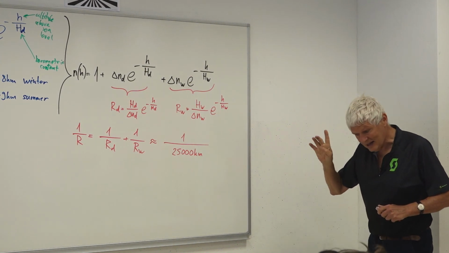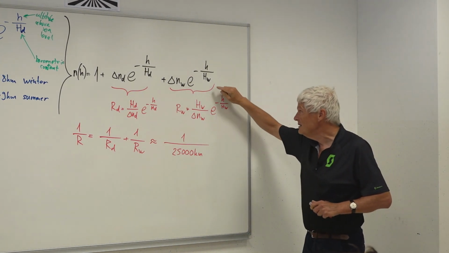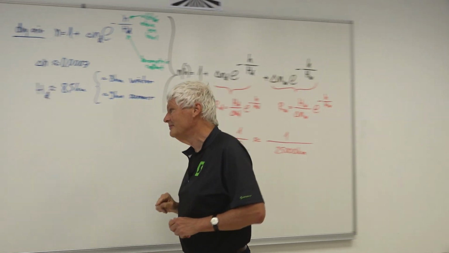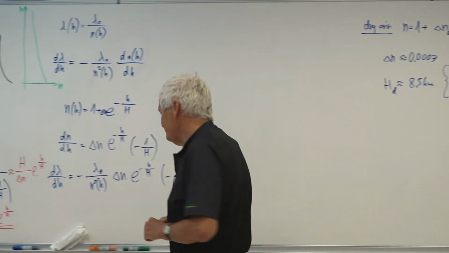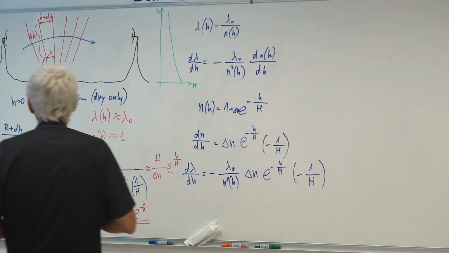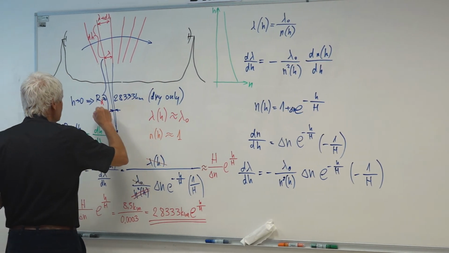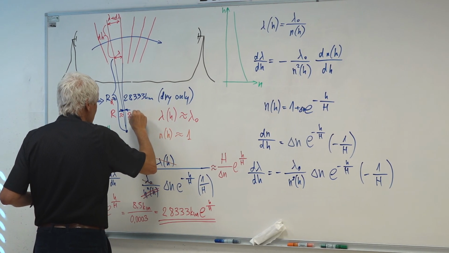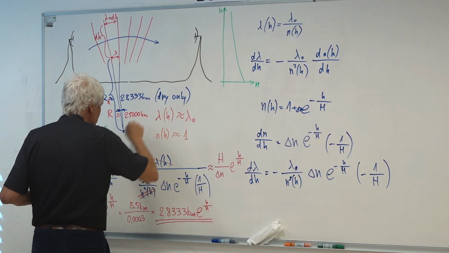We are not interested in relative humidity. We are interested in the total humidity that's in the air, total water vapor. That's the difference. So this R will be in the range of 25,000 kilometers.